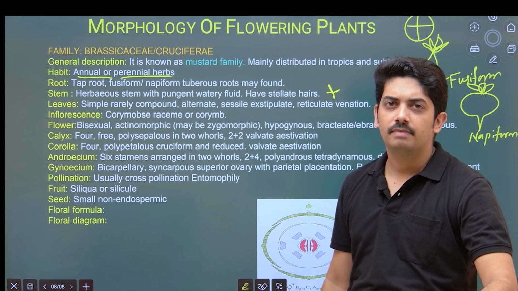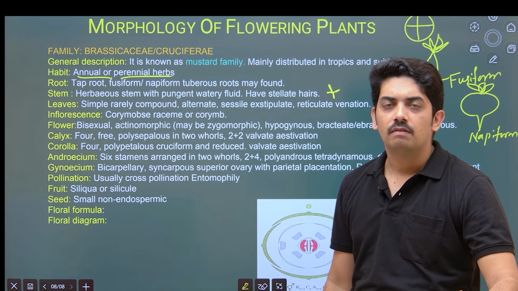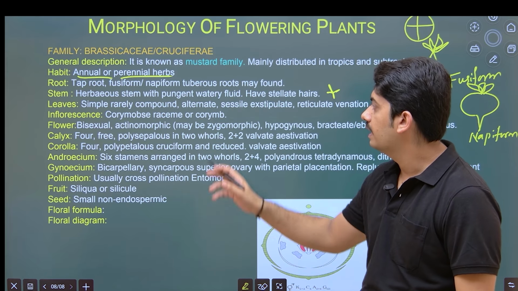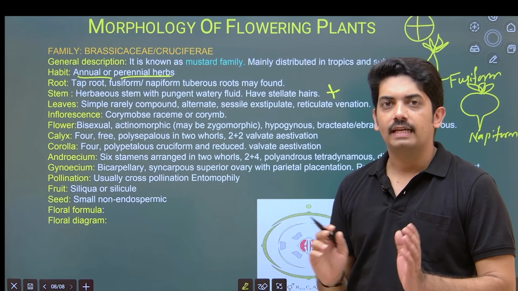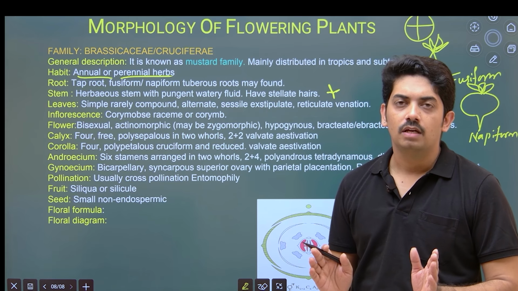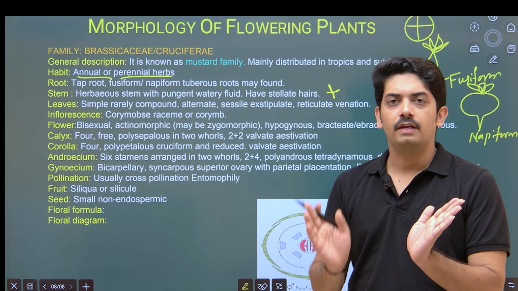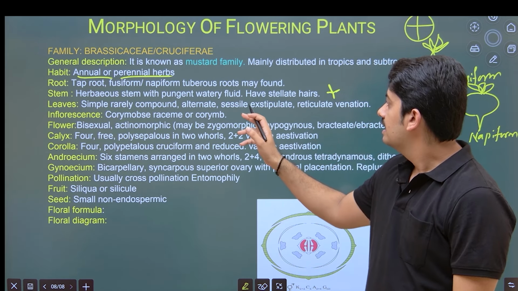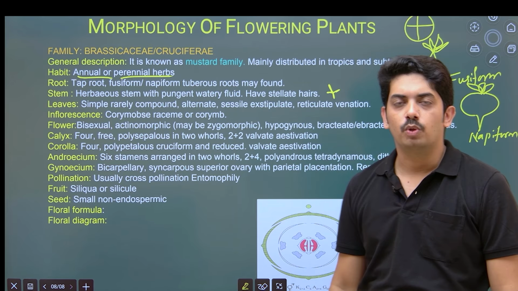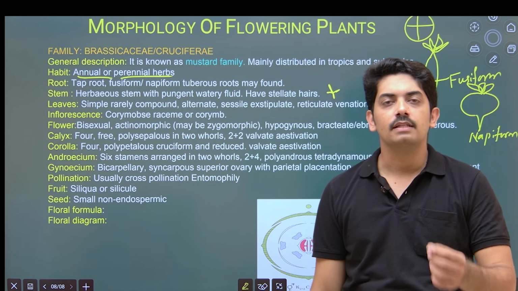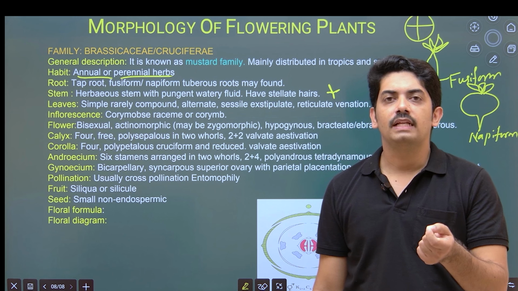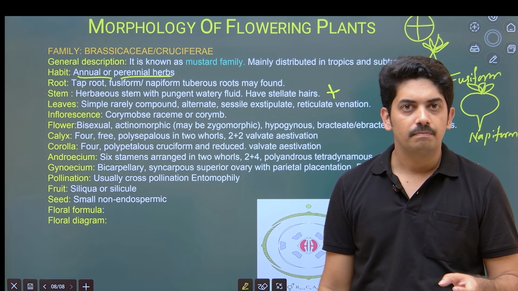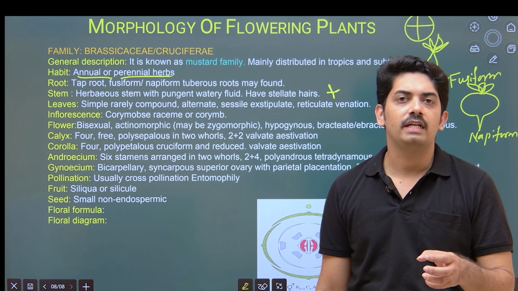That means some members may have compound leaves, where you observe one leaf and many leaflets. Alternate, they are arranged alternately on the stem. That means one leaf here, next leaf here, next here, like this it continues. Sessile, exstipulate. Sessile means here the stalk of the leaf is reduced, the leaf attaches directly to the stem. That means you won't observe a dominant petiole region.